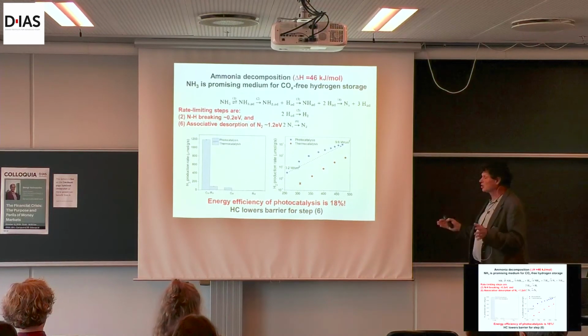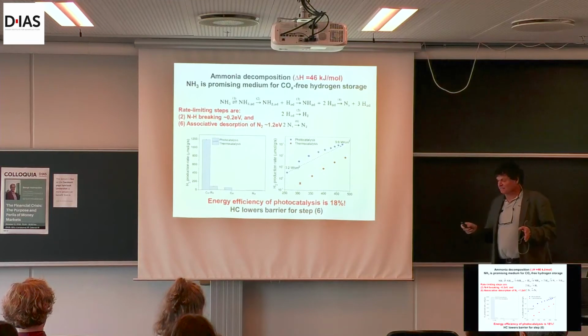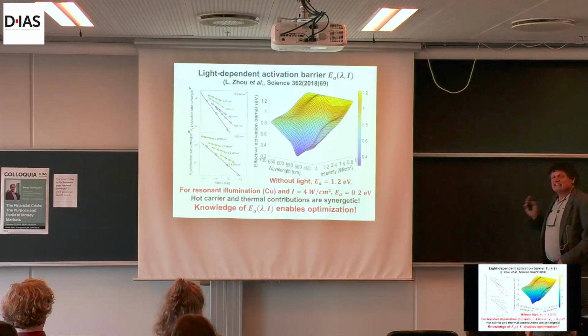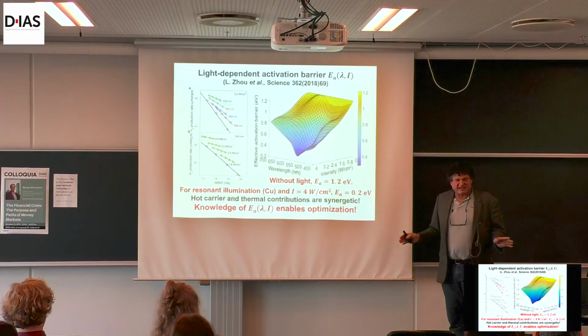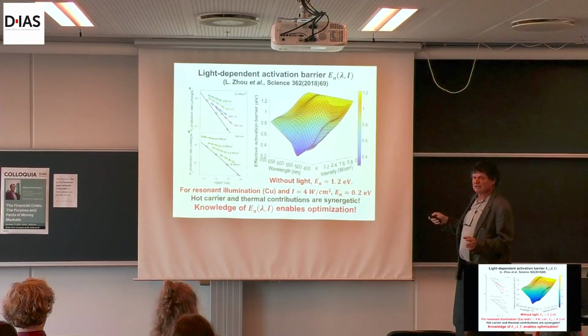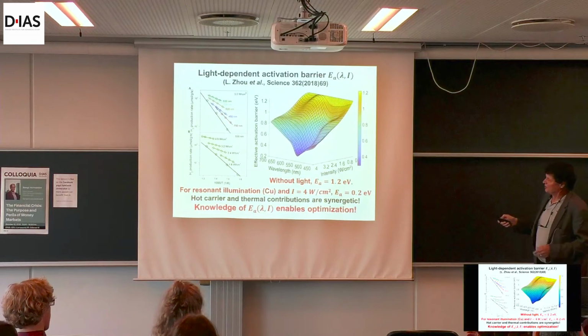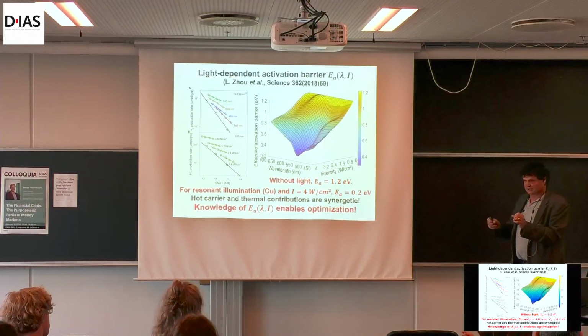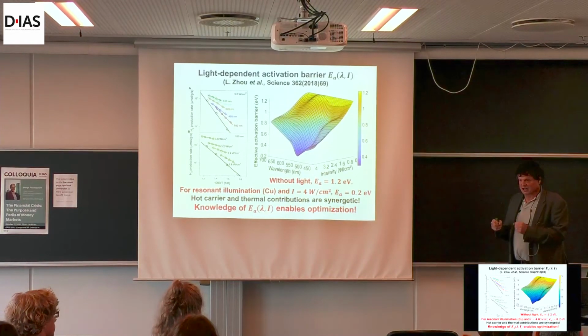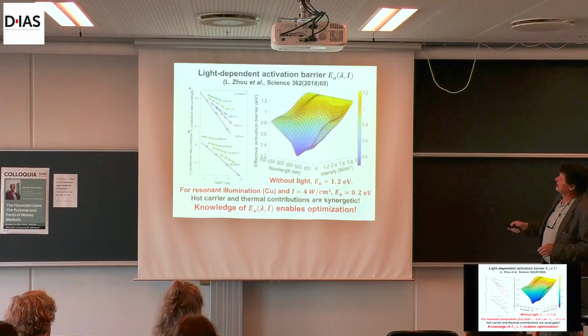Okay, and then the work started. That was now to map the light-dependent activation energy. So it took 1 year out of Lina and Zhou's life to go for a particular wavelength at different intensities, measure the activation energy, compensating for the temperature, etc. And here, these plots are just cuts.